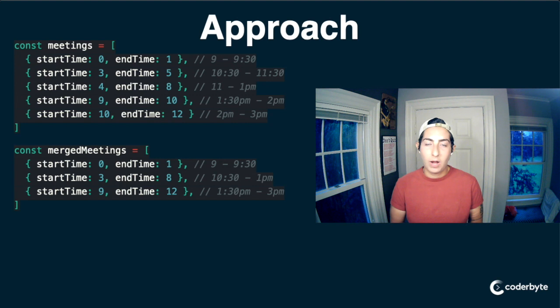I want that to be clear here: we're not just taking the start time of the first meeting and the end time of the second meeting. We're taking the start time of the first meeting and the maximum end time of either of the two meetings we're looking at, right? In this case, that happens to be the second meeting at number 8. So we then take that and add it to our array.